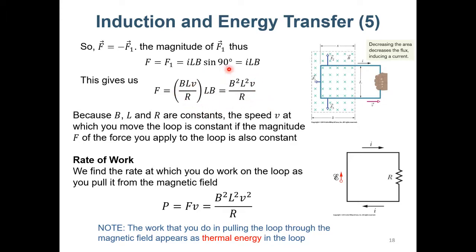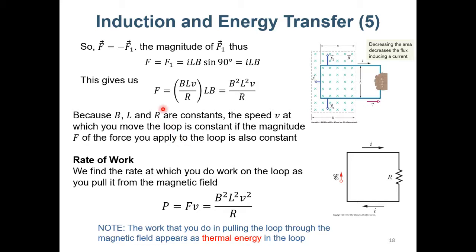And it turns out F will be B squared L squared times V over R. B and L are constant, and the speed at which you move the loop is also constant. If the magnitude of force you apply to the loop is also constant, all the terms are constant, so the force is also constant.